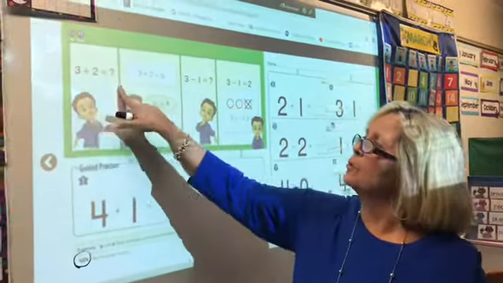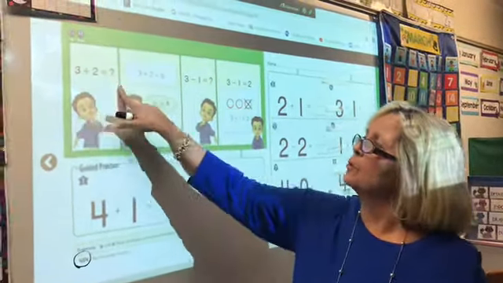How many are we going to draw? And you know I love circles, so we're going to draw circles. Did you say 4? You are so smart. 1, 2, 3, 4 circles. And then we're going to add how many more? Did you say 1? You're exactly right. 4 plus 1 equals, and what's our sum?